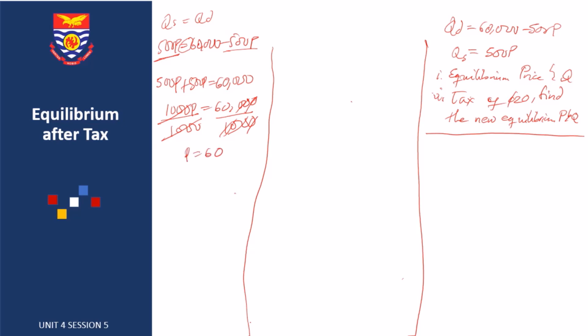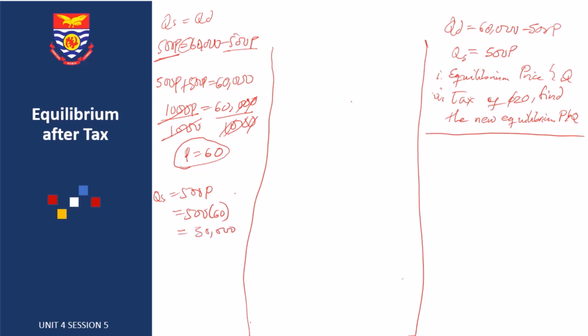Since I have p to be 60, I can put p equal to 60 into either the supply function, which is 500p, or the quantity demand. The supply function seems to be simple, so I'll put it here. So I'll make it 500 times 60. Now 500 times 60 gives me 30,000.